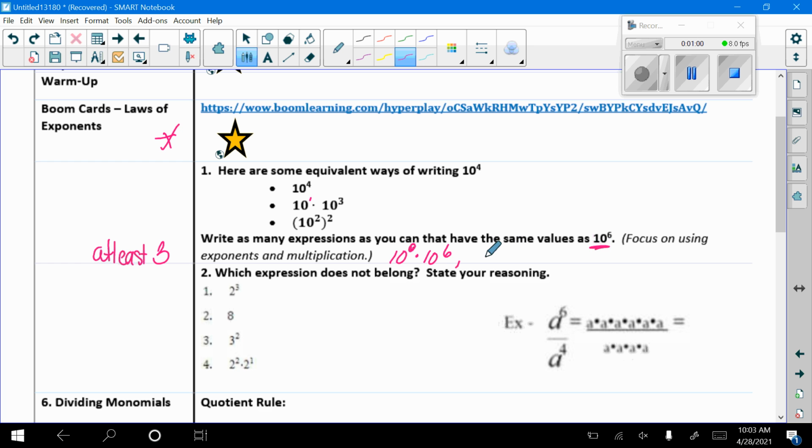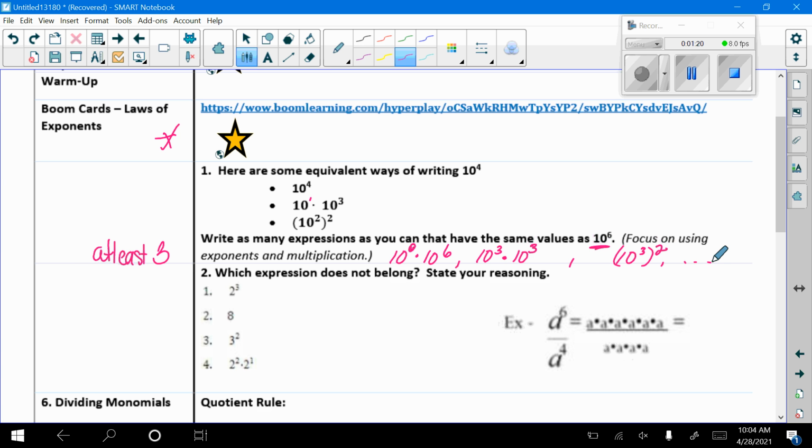You might have 10 to the 3rd times 10 to the 3rd, because 3 and 3 is 6. Or it could be 10 to the 3rd squared, because 3 times 2 is 6. And then keep on going. So there's 3 of them, and you can add more.